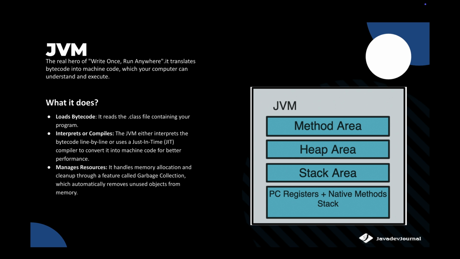You don't have to write any specific code to do the memory management, because Java takes care of that, and the JVM is the one which takes care of it. Which means it allocates the memory. It also makes sure that the memory is freed automatically, so our program has sufficient memory.